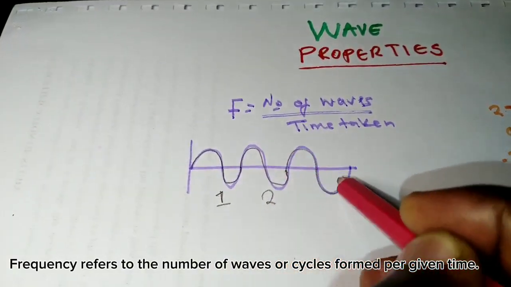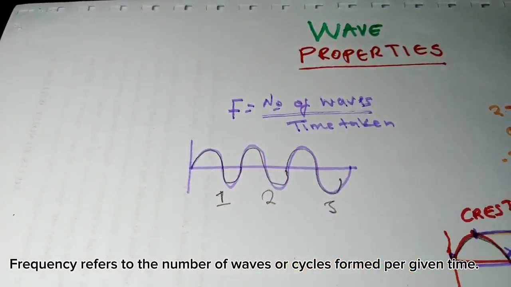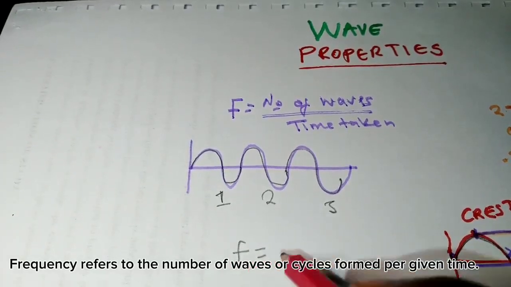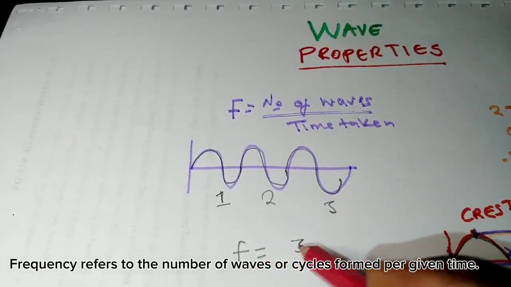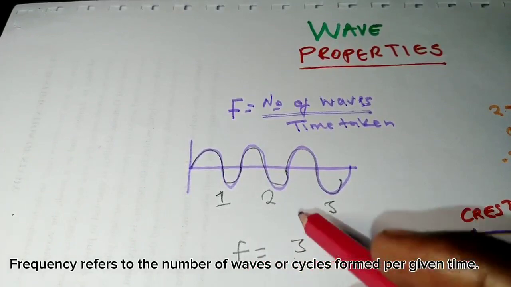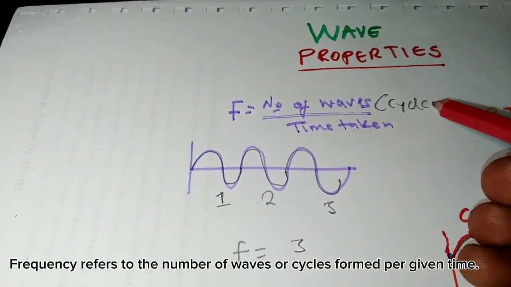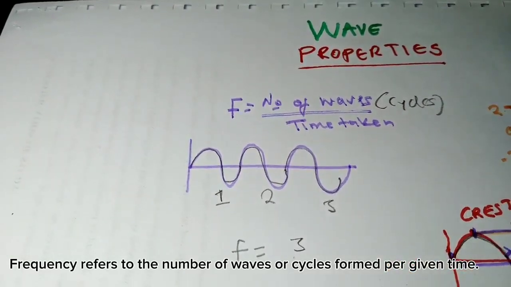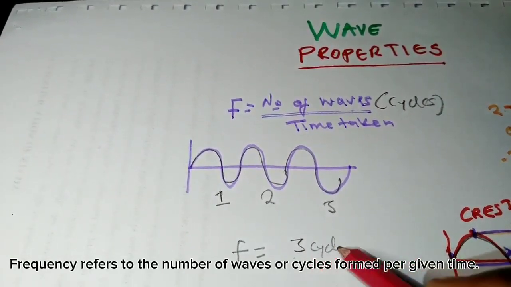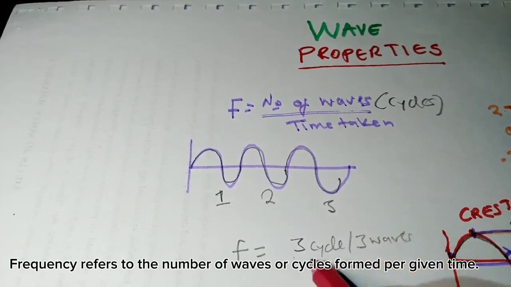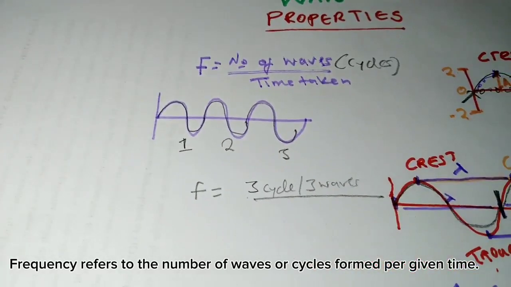One crest, one trough, wave number 3. In this case, frequency is equal to the number of waves. There are 3 waves. Some will say 3 cycles, the number of cycles. So 3 cycles or 3 waves is the same thing.